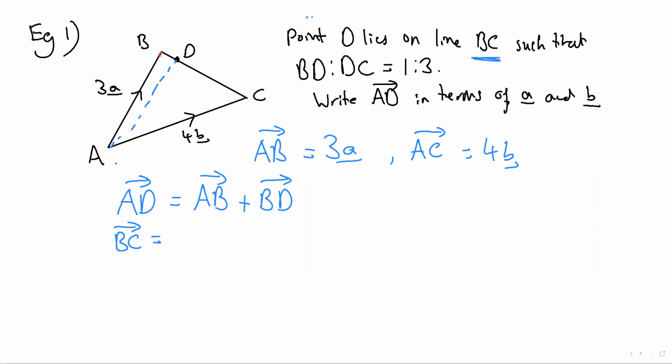We can go back to A and then go to C. So we can write BC as BA plus AC, like that. And now BC will equal, well, BA is just the negative of AB, so it'll be minus 3A, plus AC, which we know up here is 4B. So we know what BC is.